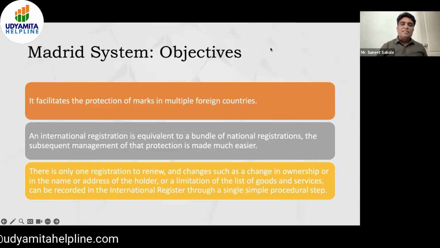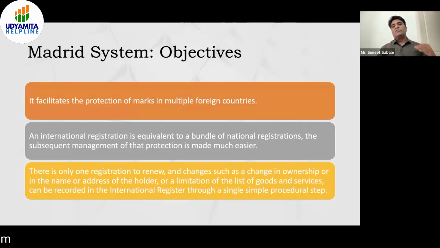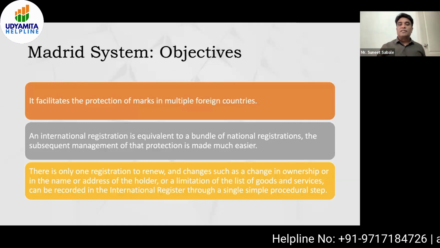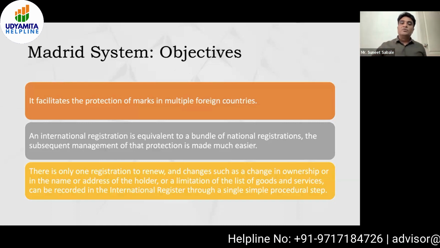So, if you have business in other countries, you should protect your trademark in other countries as well. By protecting your trademark in India, it does not mean that you have protection in other countries. So many people assume that India में trademark हो गया तो worldwide protection मिल गया. नहीं, it has to be protected in multiple countries. Madrid system is one of the systems you can use to protect in multiple countries. This is a system where you can reduce the cost.